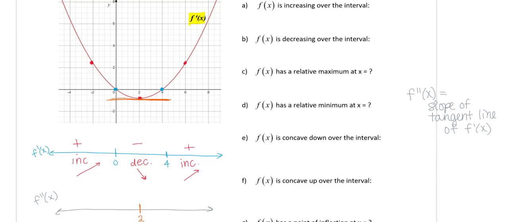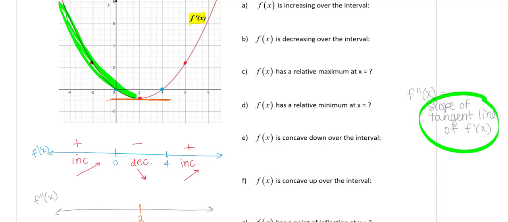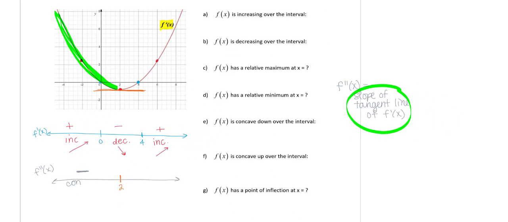And then if we look, all of the x values to the left of that are going to have the same behavior in terms of the slope of the tangent line of that function. And all of those are negative, which means, because it's on a second derivative number line test, that my function is concave down in that interval.